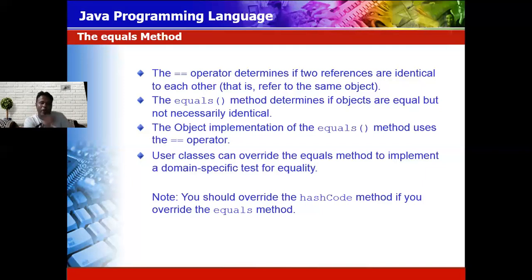Suppose one person is present at Odisha, Puri location, another person is present at Maharashtra, and you are asking about the Jagannath temple. The Puri person says that here the Jagannath temple is present. The Maharashtra person also says that the Jagannath temple is in Puri.